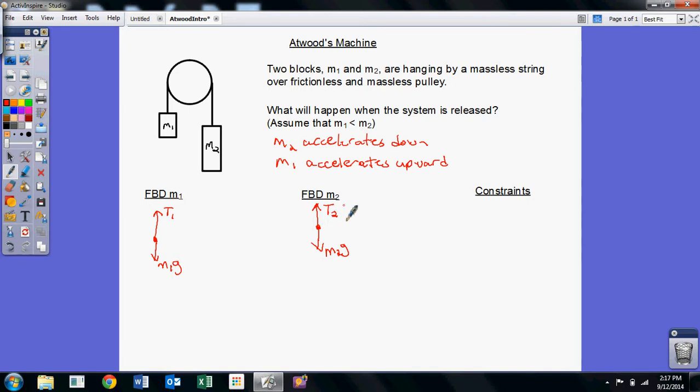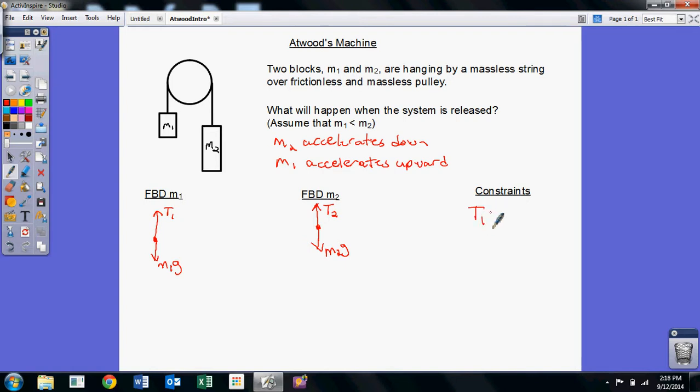Now, before we start writing equations, let's think about the constraints here. These two things don't just move freely in any direction. M2 and M1 are both going to be accelerating. We also know that because we have a massless rope and a massless pulley, the two tensions on the two ends of the string are the same.